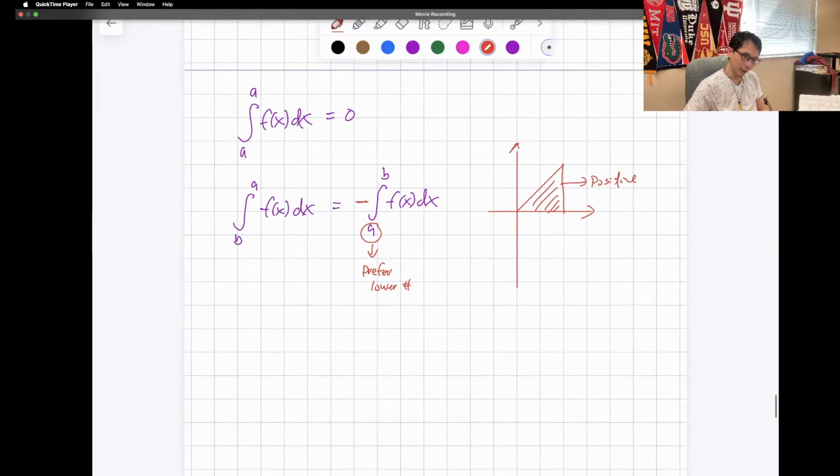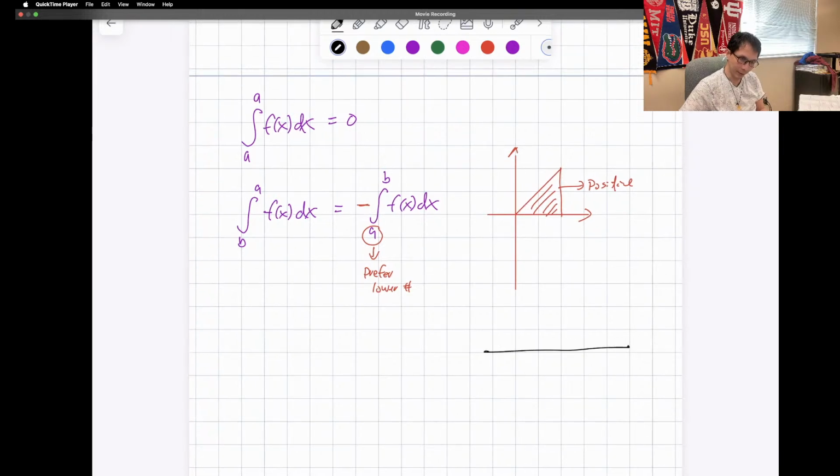If you're going from left to right, from low bound to high bound, it has to be from low to high. Now you can also have a graph below the x-axis. Even though the area cannot be negative, the integral can. So in this case, the integral of f of x from 0 to 2 is going to be -2 because it's below the x-axis.